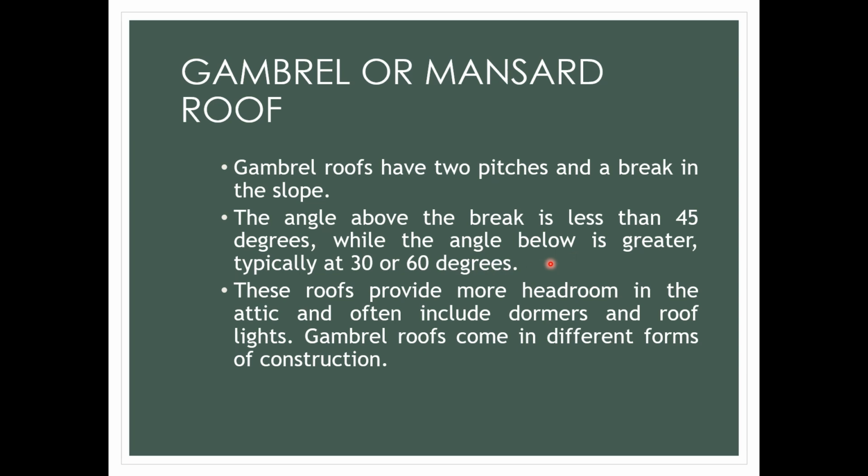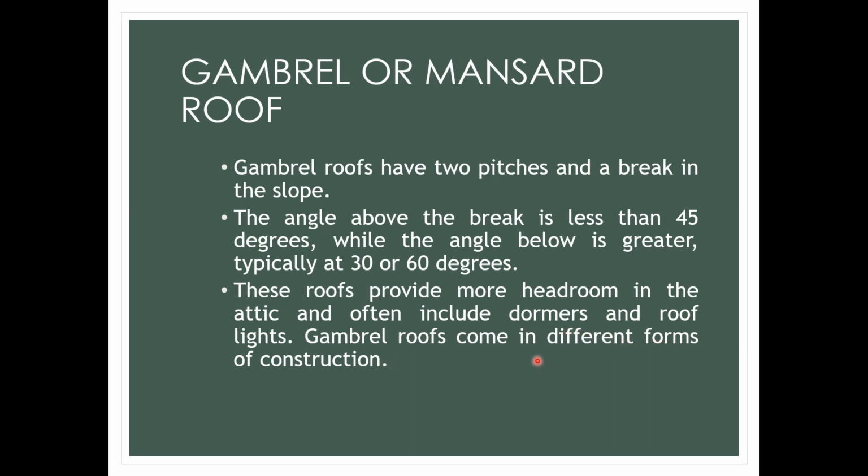So we have two kinds of slopes. One is narrower and one has a greater degree. This will provide more headroom in the attic and also includes dormers and roof lights.